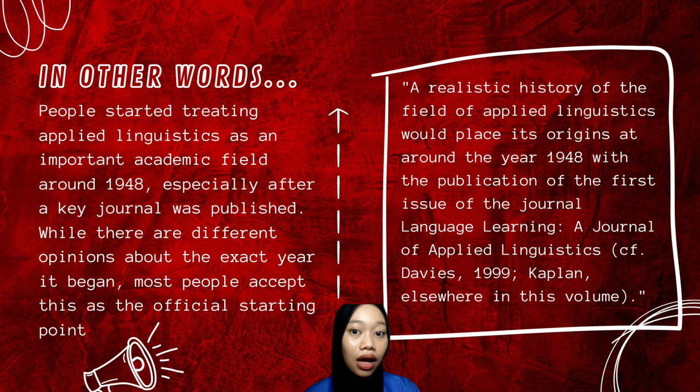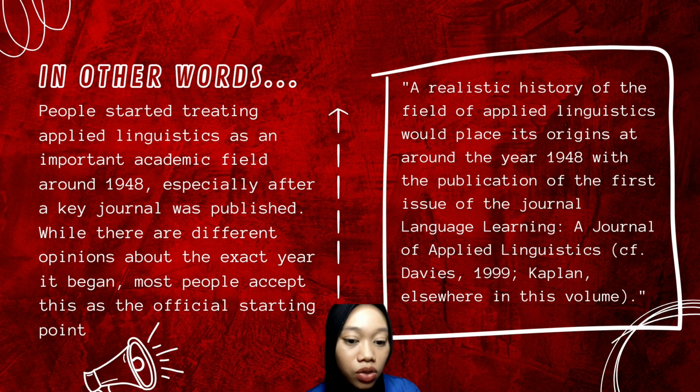So, in other words, people started treating applied linguistics as an important academic field around 1948, especially after a key journal was published. While there are different opinions about the exact year it began, most people accept this as the official starting point.